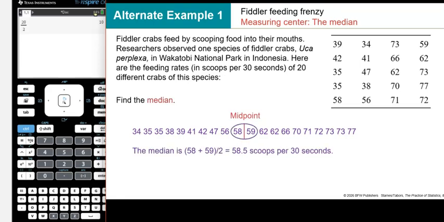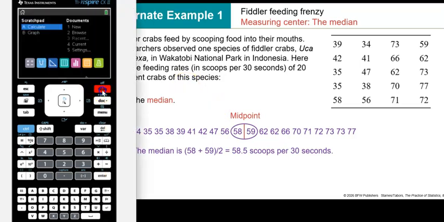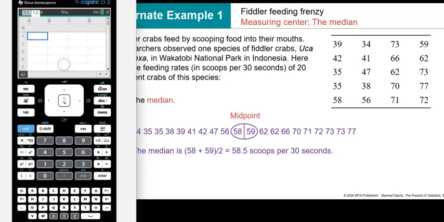And we got it. I'll show you how to do this in the calculator because you're going to use this, so you might as well learn it if you haven't yet. This is about crabs, so I'm going to call the list crab, and I'm just going to type in the data as it's given to me.